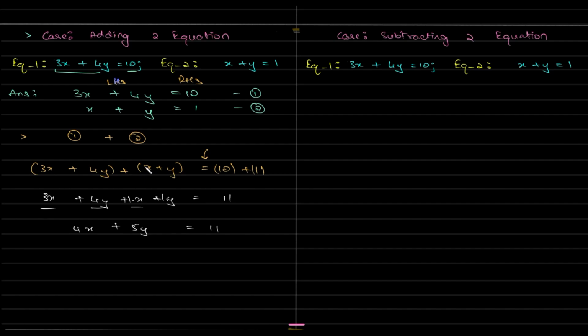Okay. The question arises, can we add an LHS with an RHS? Yes, we can. But always arrange the equation in such a way that it's convenient to add the LHS with the other LHS, RHS with the other RHS. That's the point of my asking you to write the question itself, so that things are arranged and you can do your addition or subtraction easily.